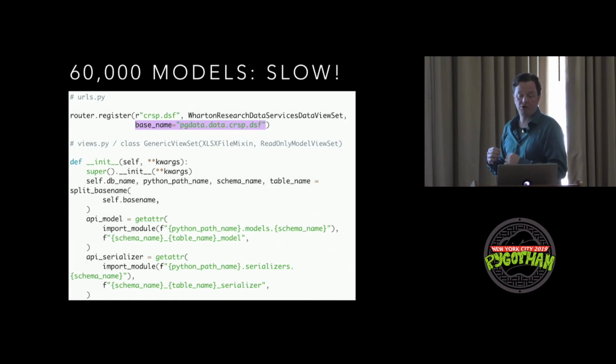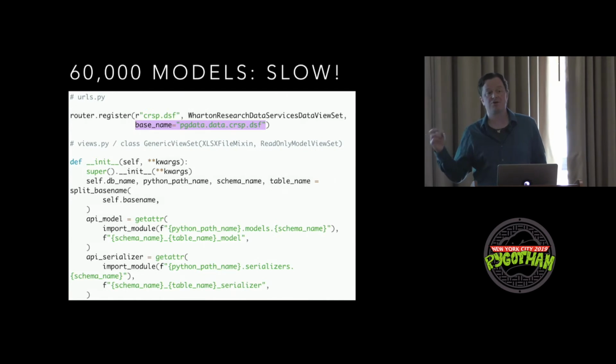And then did this trick where we got the API model and the serializer using this getattr import_module function. What this does is actually import it at runtime of the view. So what this allowed us to do was create our own form of lazy loading to get around Django's system checks. And after doing this, runserver would come up in about 30 to 45 seconds instead of the several hours I mentioned before.